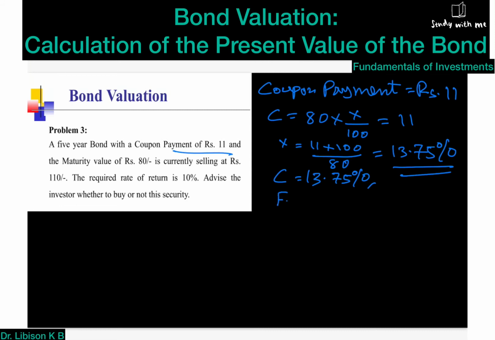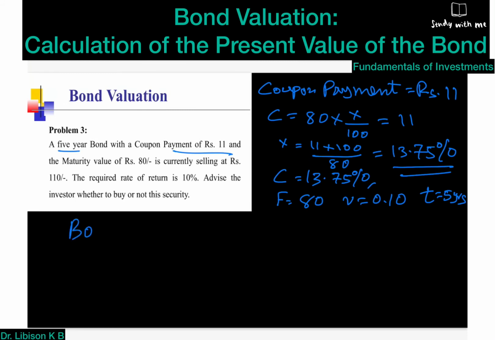F is equal to rupees 80. R is equal to 0.10. Then what else we need? It is a 5-year bond. So T is equal to 5 years. So apply the parameters directly to the formula which we have already learned.